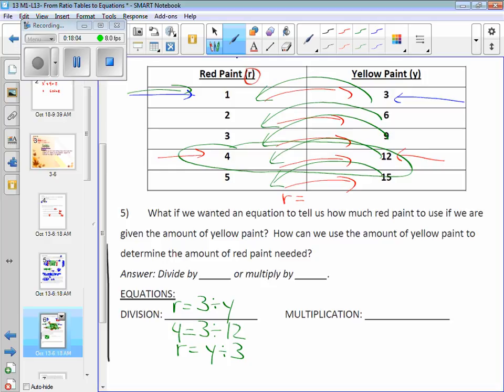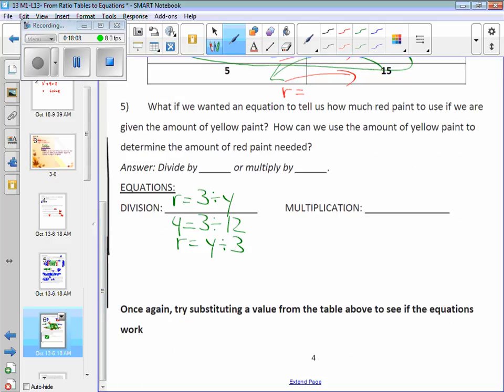That's my Y. Right. Substitute 2 for R. Equals, what's my value for Y? Right. Ready? Is 2 equal to 6 divided by 3? Our equation for R will work.